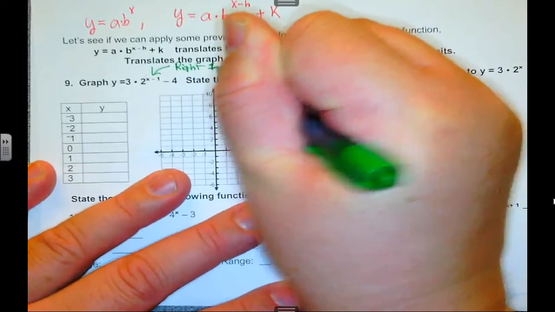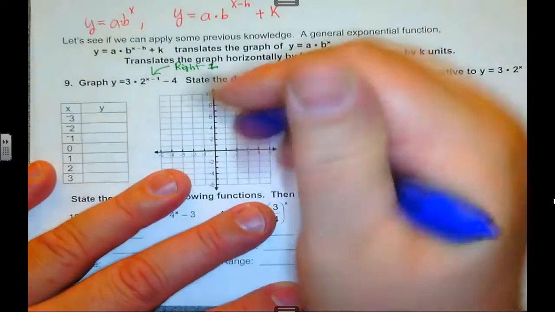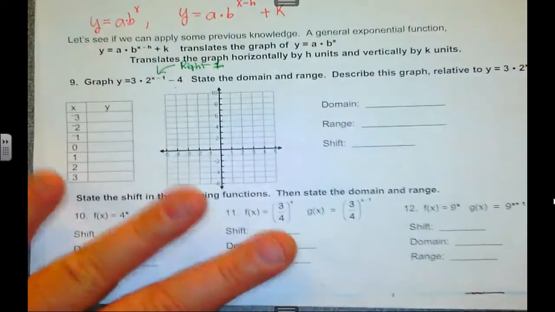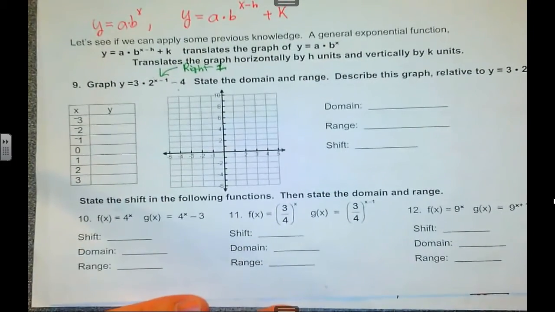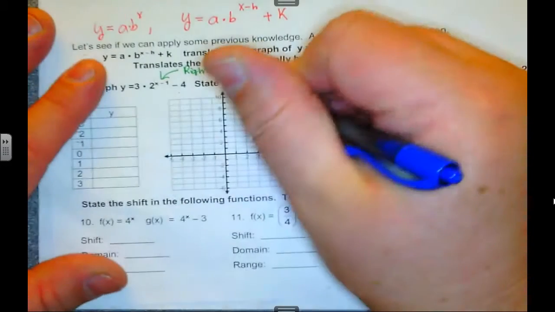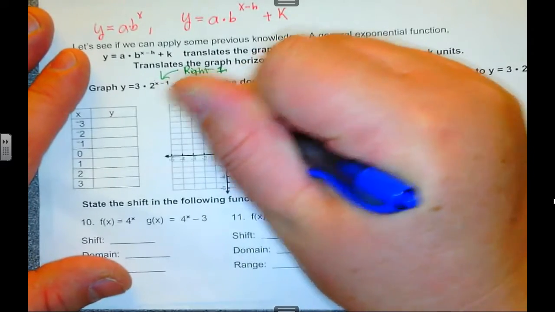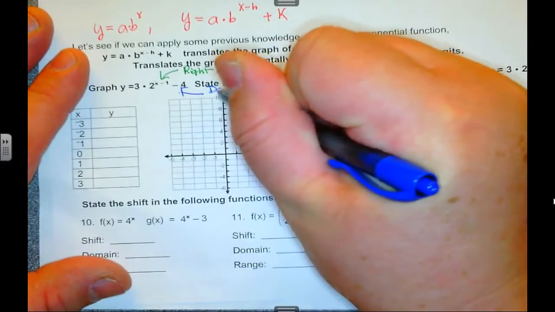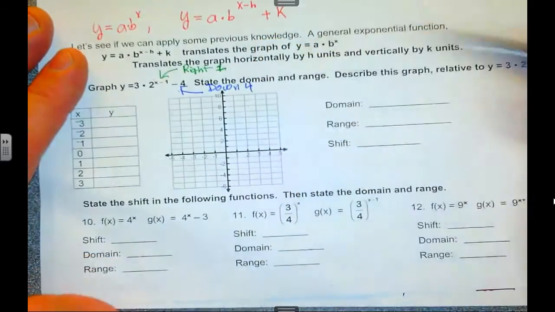There's one shift. The other shift, the minus 4, which way is that going to shift? If it's outside the mathematical symbols, up or down, right? Yeah. So it's going to go down 4, right? Okay, so there's my shifts.